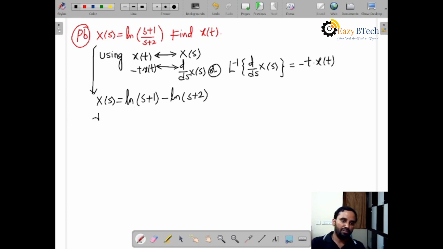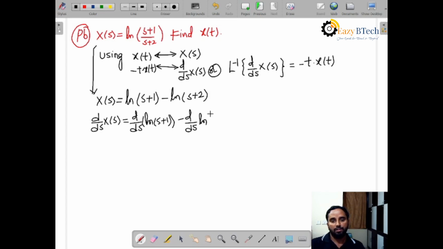Then differentiation of this x of s with respect to s, d by ds of x of s is d by ds of log (s plus 1) minus d by ds of log (s plus 2). So log x differentiation is 1 by x, so 1 by (s plus 1). Here also 1 by (s plus 2). Differentiation is over. Now apply inverse Laplace.